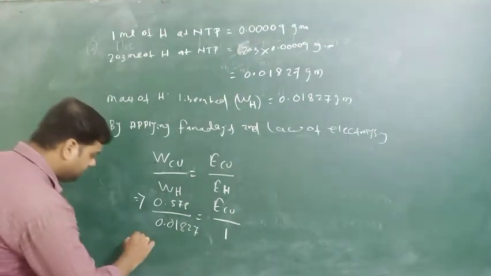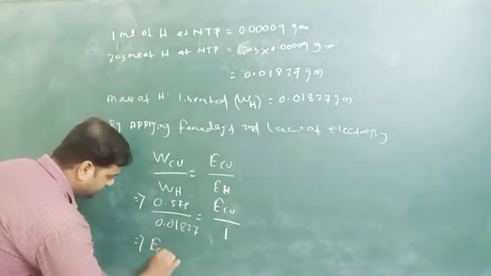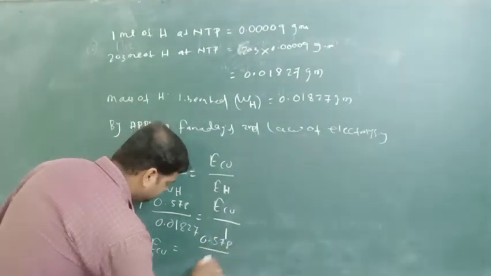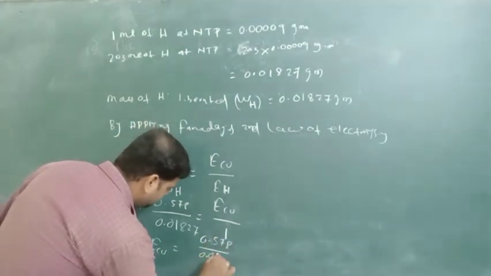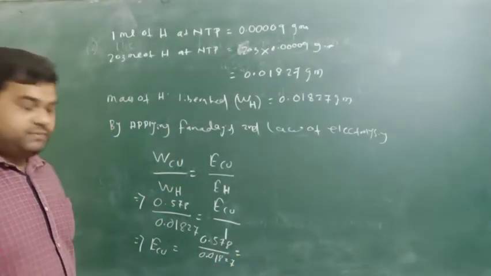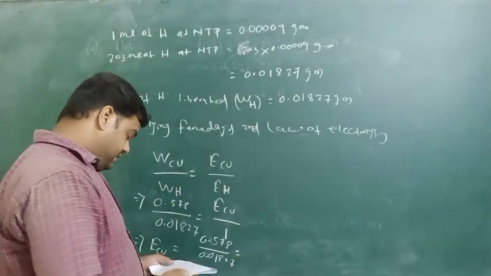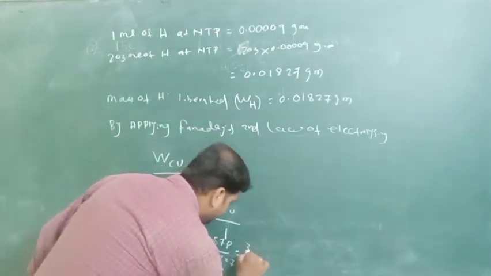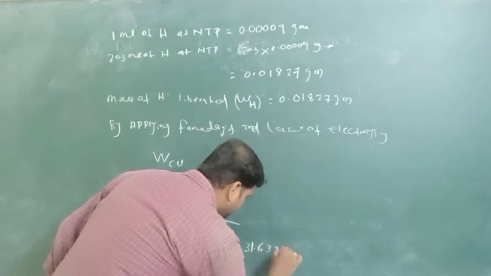So ECu equals 0.578 by 0.01827. The answer will be 31.63 grams.